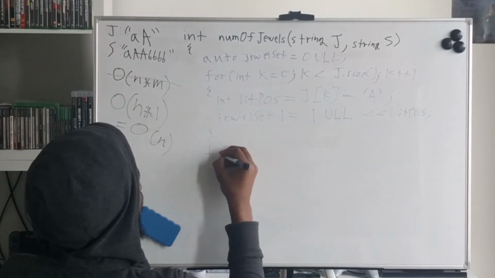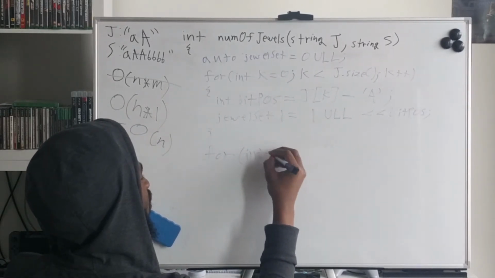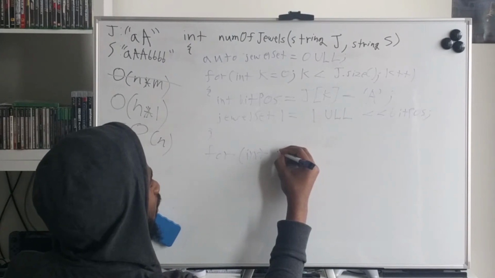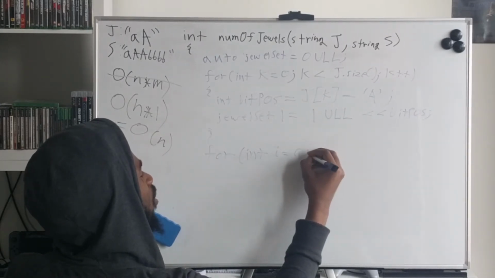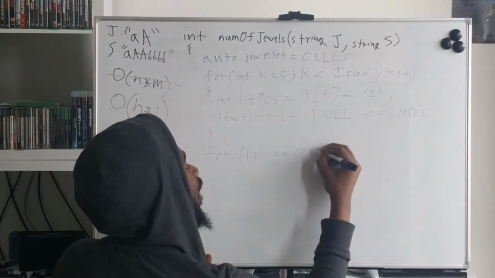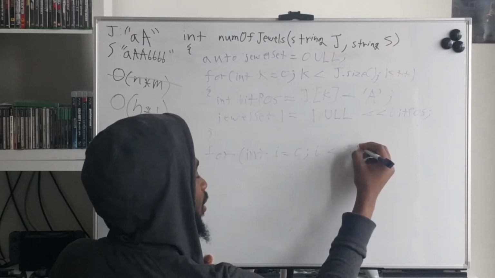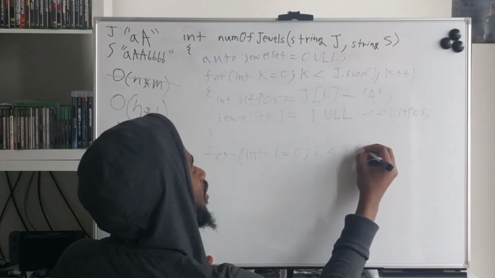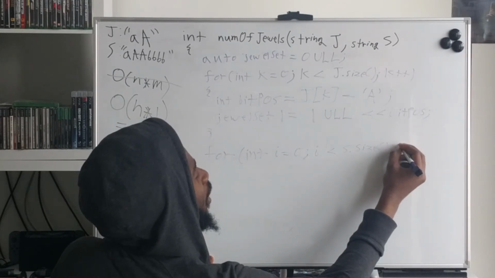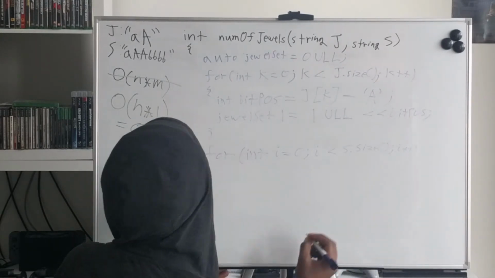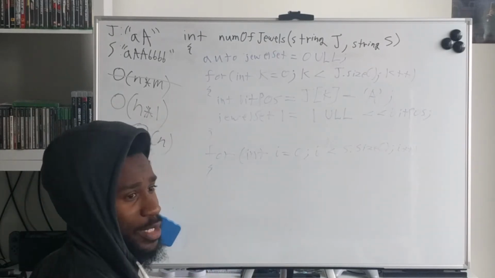So we'll say for int i equals 0, while i is less than the stones size, i plus plus.